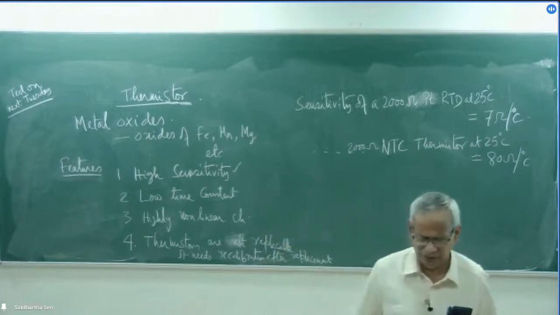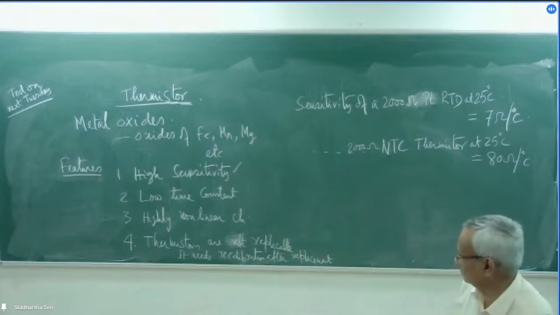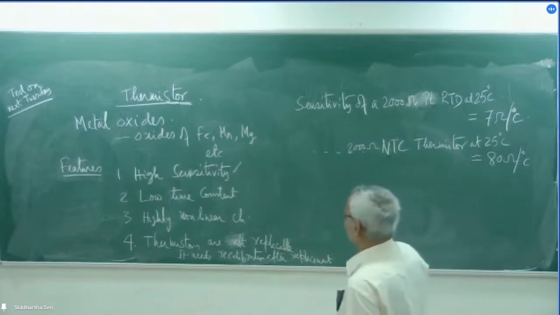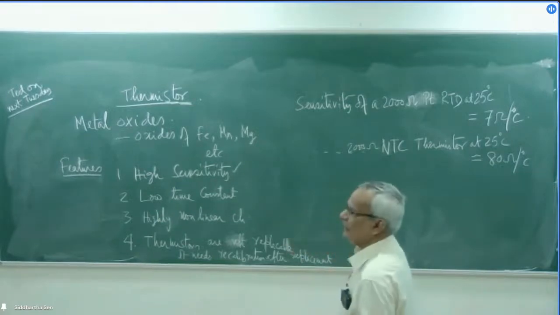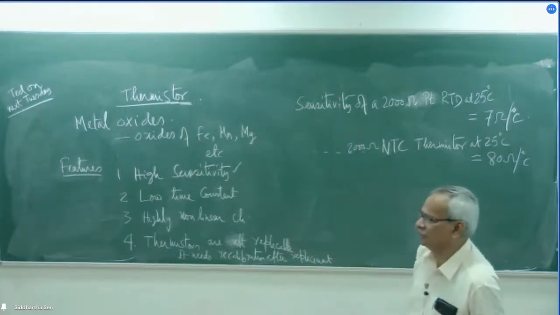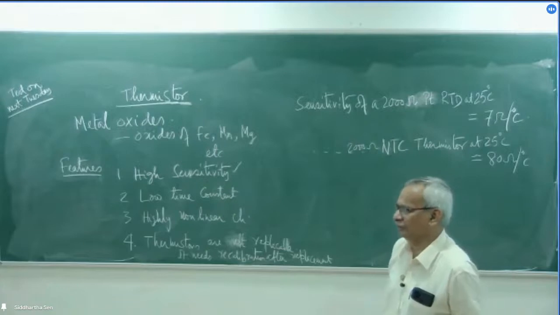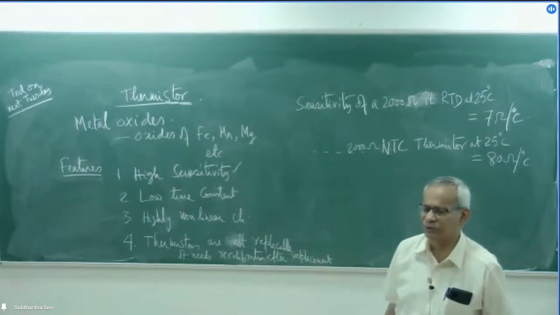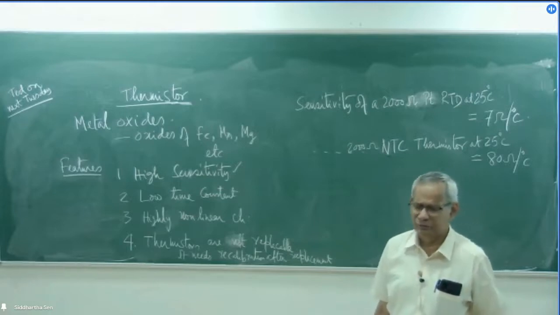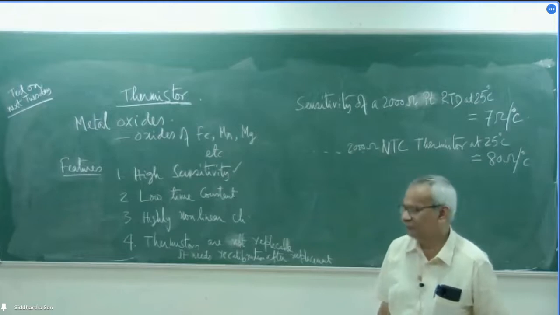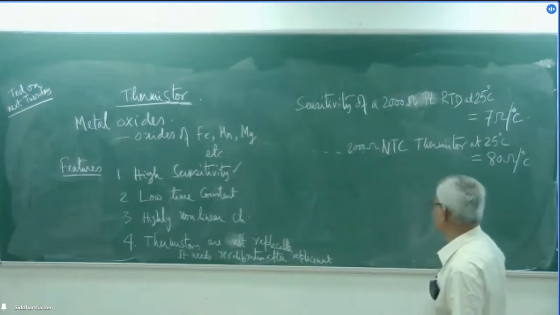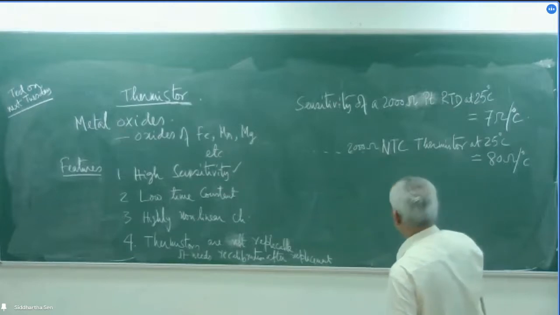But this is one negative point of the thermistor, because no two thermistors are exactly identical. There is always some difference in the value of resistance, its sensitivity, etc. That's why if we want to replace it, we must recalibrate it after replacement. Otherwise, it will not give you correct readings.